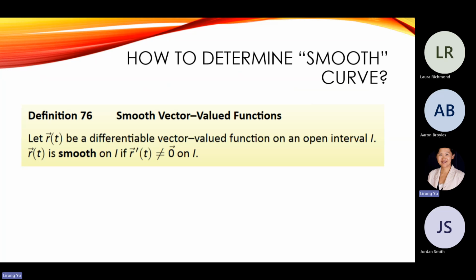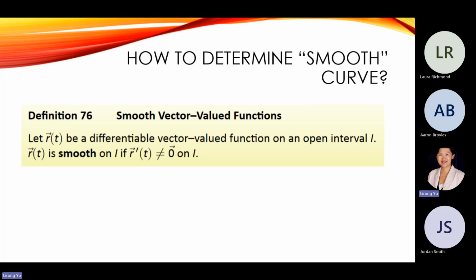That's the case when you have, for example, x equal to t squared and y equal to t cubed. It would be a curve, and when t equals 0, x prime equals 2t and y prime equals 3t squared.